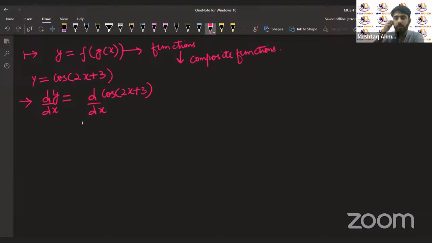हमें ये पता है कि cos x का डेरिवेटिव जो है that's minus sin x, it's minus sin of 2x plus 3, and the derivative of this part of the function, that's g of x, d by dx of 2x plus 3.